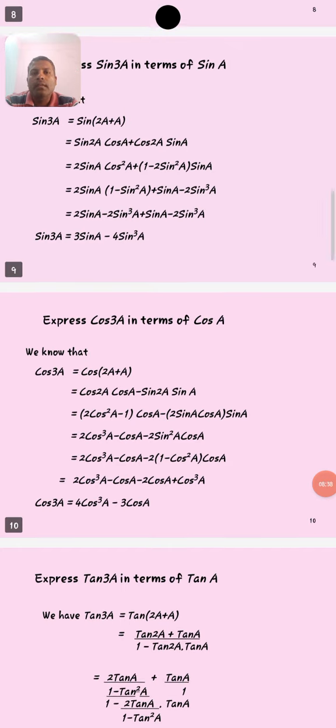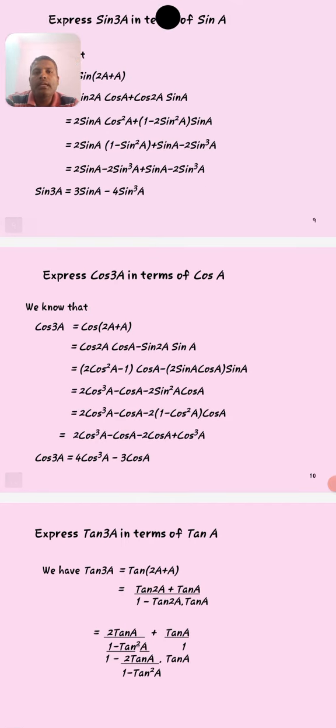Here, express cos 3a in terms of cos a. We know that cos 3a, how to write? Cos of (2a plus a). Here also we have to apply the cos of a plus b formula: cos a cos b minus sin a sin b. Now cos 2a is 2 cos square a minus 1 into cos a, minus sin 2a formula, which is 2 sin a cos a into sin a.